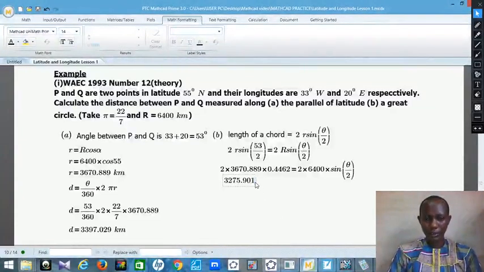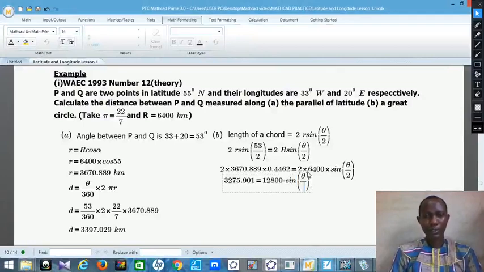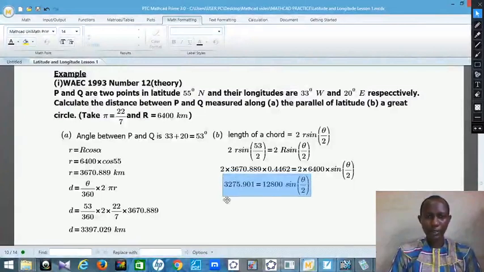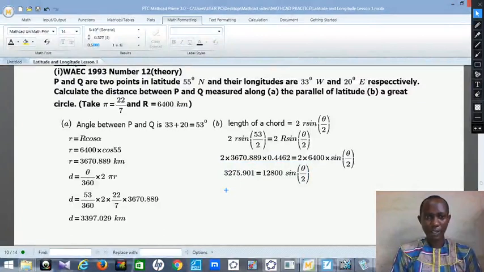Then the right hand side will be 2 times 6400, which will not be difficult for us. 2 times 6400 is 12,800 sine theta over 2. The next thing is to divide both sides by 12,800.